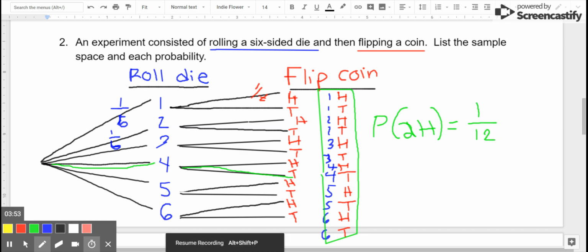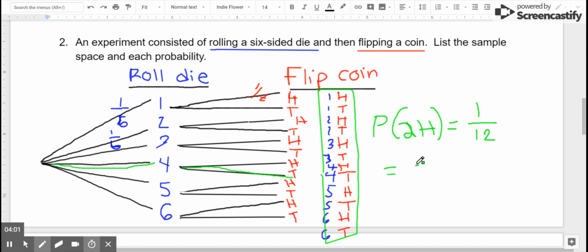As always, we should write our probability as a fraction, decimal, and percent. So 1/12 I could also think of as 0.08 or 8% roughly. If you wanted to be a little more precise, you could say 0.083 or 8.3%.